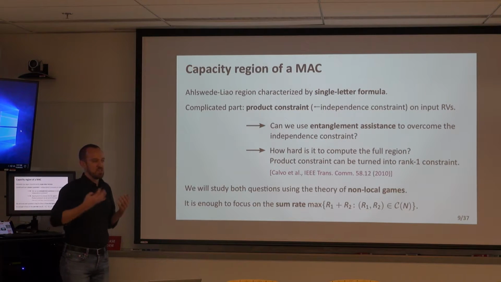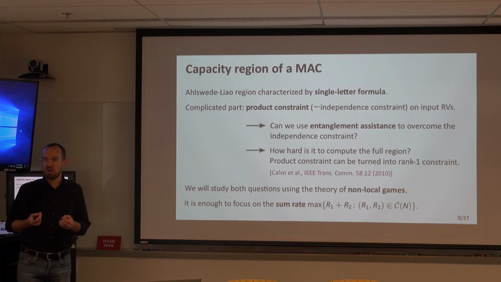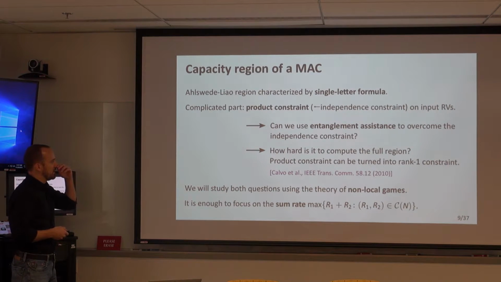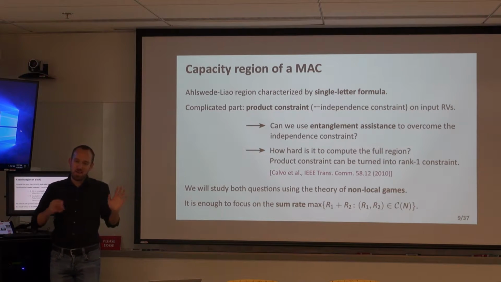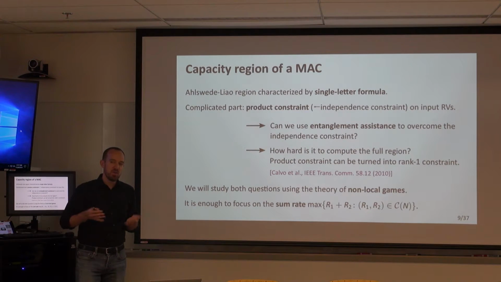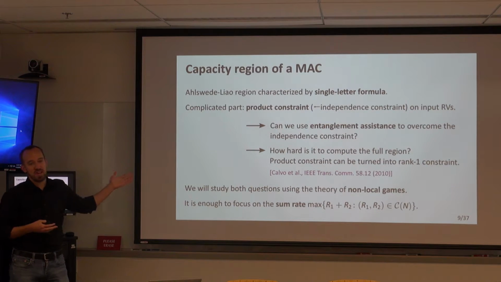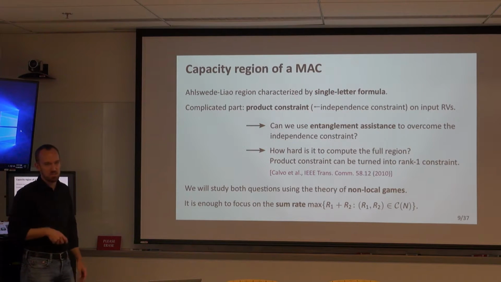And there's a lot of results and evidence that rank 1 constraints are hard to deal with optimization-wise. So this already hints at NP hardness of the whole problem, but it was never really formalized. And using the theory of non-local games, it's very straightforward to do this. This will be the last part of my talk.